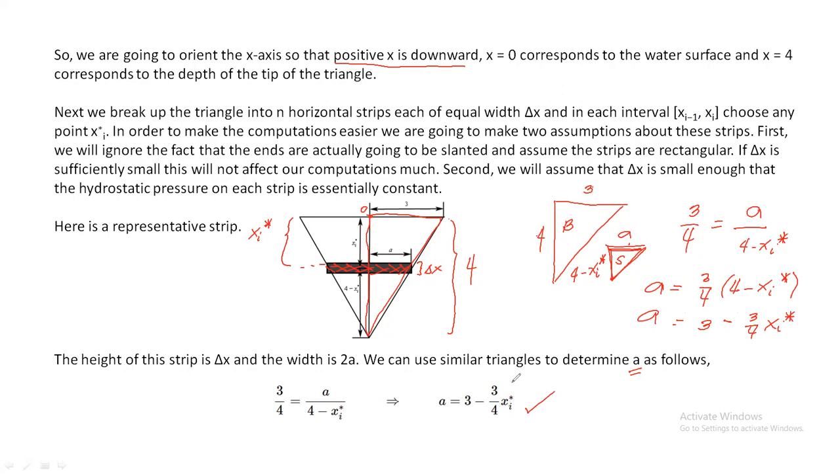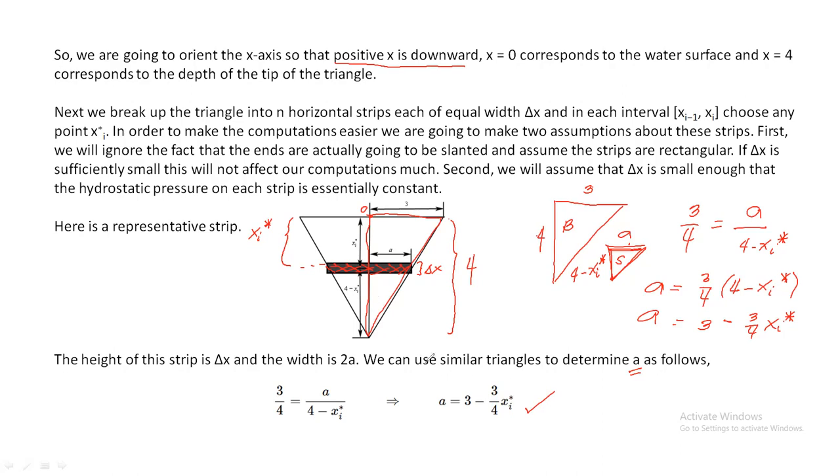Now you may wonder, why the need to set up an equation relating the A, half of the base of the small triangle, whose base is represented by this rectangular small strip? Why the need for A to be expressed in terms of x?